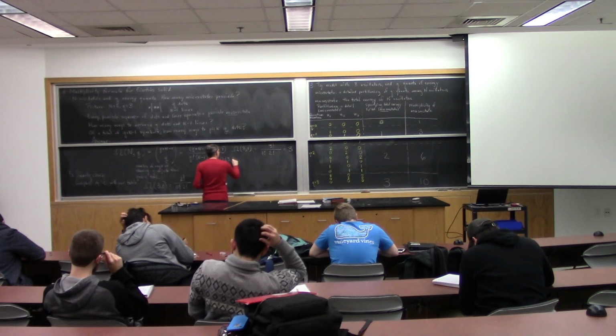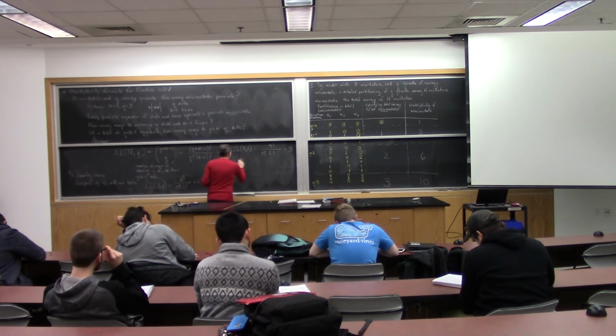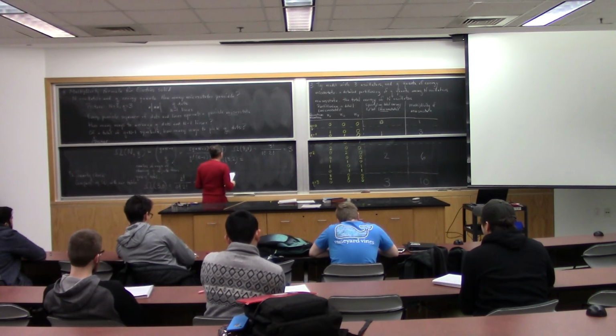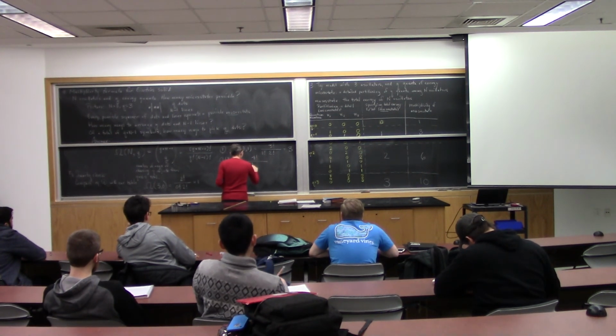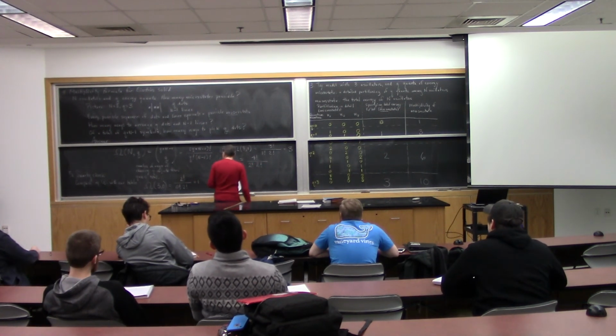Multiplicity for 3 oscillators and 2 energy quanta. So let's see. N minus 1 is 2. Q is 2. 2 plus 2 is 4. In the numerator I have 4 factorial over Q factorial, 2, and N minus 1, 2.